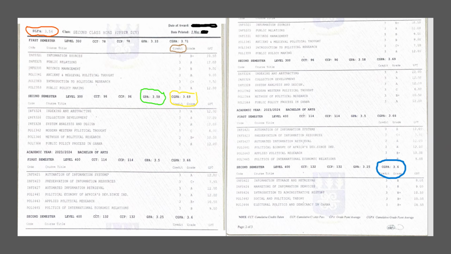Then when you look at the one on my left, the one I've circled in blue, the CGPA was 3.6, but we are using the FGPA for the class of graduation, not the CGPA. I hope you're getting me. So the person was not shortchanged, the person was not robbed by the university, the calculation was not wrong. This is how it came to that.